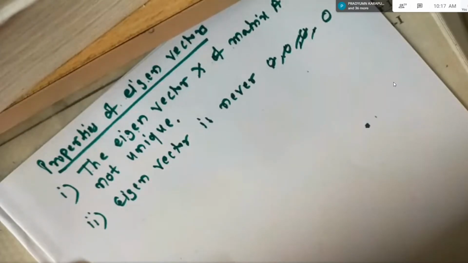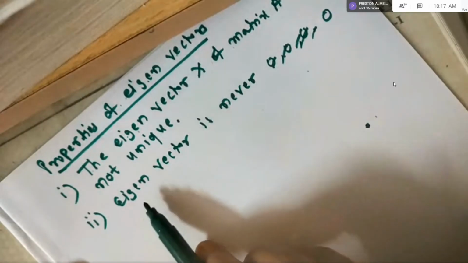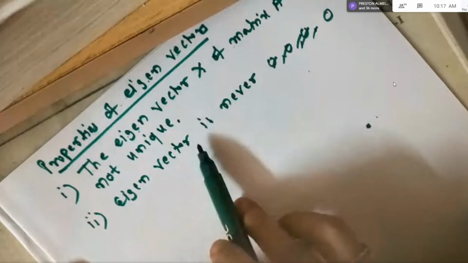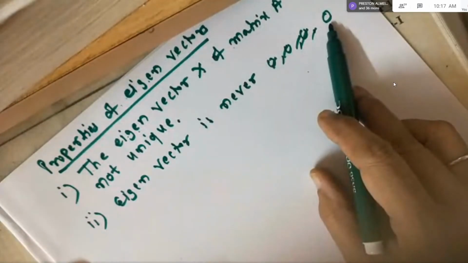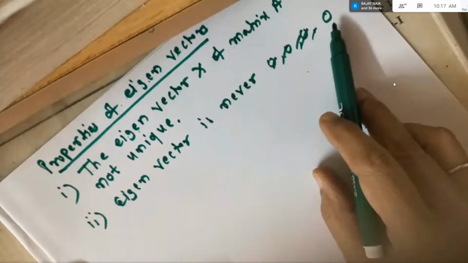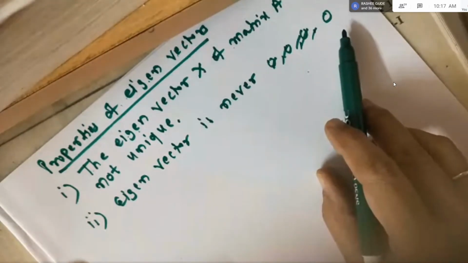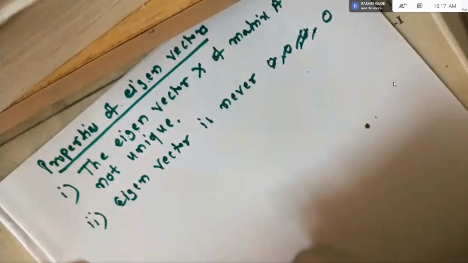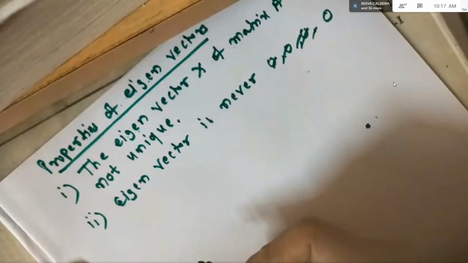Because vector is a matrix itself. Either it is a row matrix or a column matrix, right? So what I said here in the second step, see students, eigenvector is never null matrix or the null vector. This is O. So you should not get all zeros in the eigenvector.